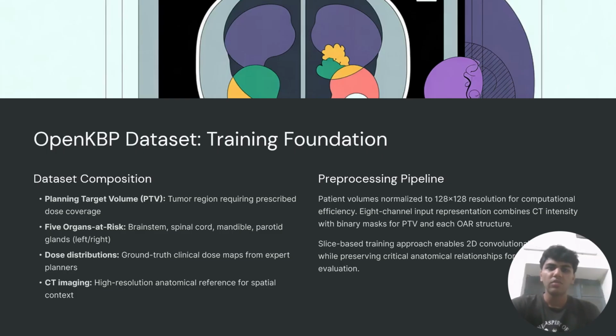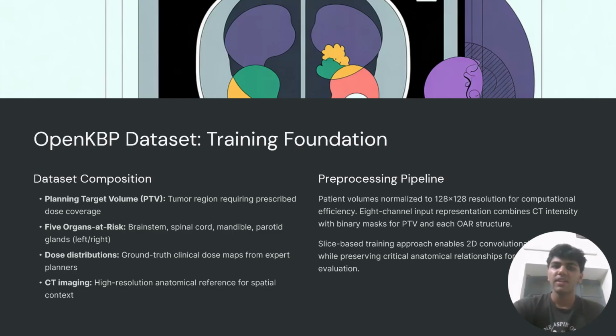The dataset includes several key elements. First, we have the planning target volume, or as we are going to refer to it throughout this presentation, PTV, which represents the tumor region that must receive the prescribed radiation dose. Then we include 5 critical organs at risk, OARs: the brainstem, spinal cord, mandible, and the left and right parotid glands, all of which must be protected from excess radiation exposure.